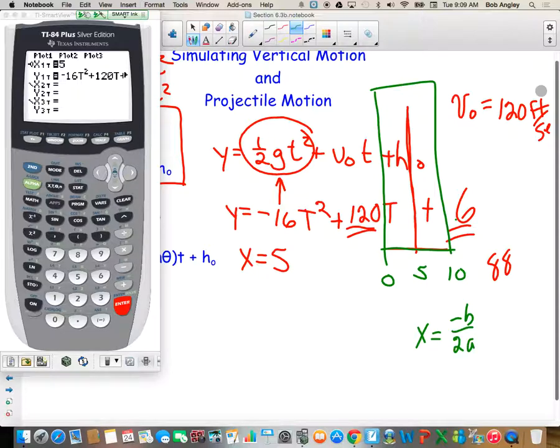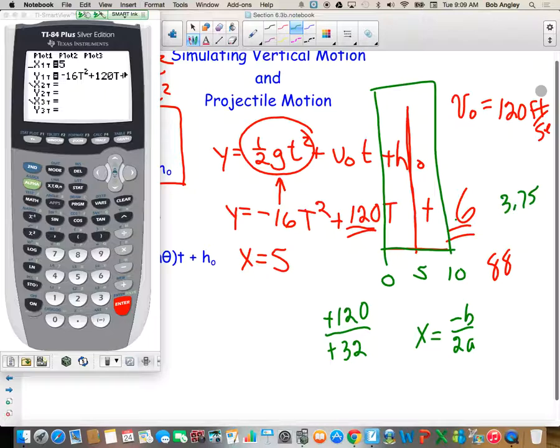Okay, so if we do negative 120 over negative 32, whatever that number is, that will be the time when this thing gets to its highest point. Okay, so somebody with your calculator out, what's 120 divided by this? 3.75. All right, 3.75.